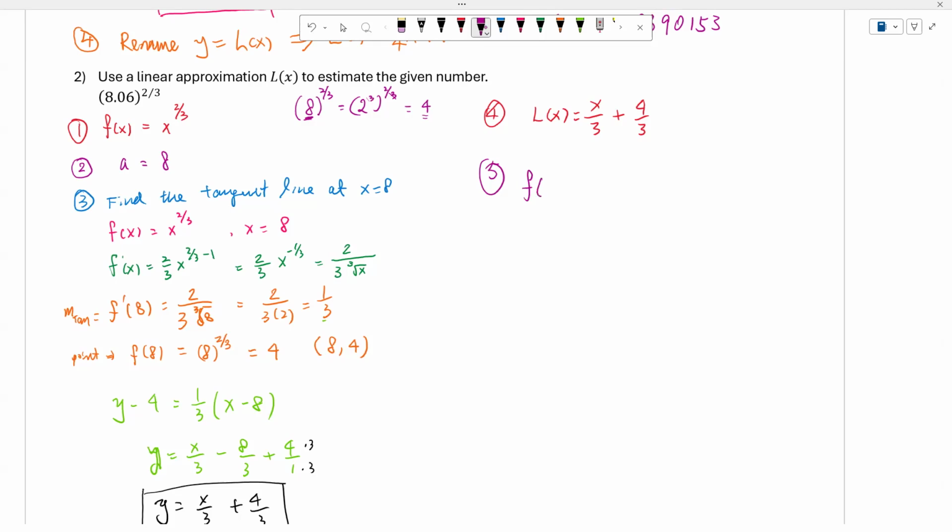So f of 8.06, which is 8.06 raised to the power of 2/3, this is the number that we would like to evaluate, which is approximately equal to L of 8.06. It is equal to 8.06/3 plus 4/3.